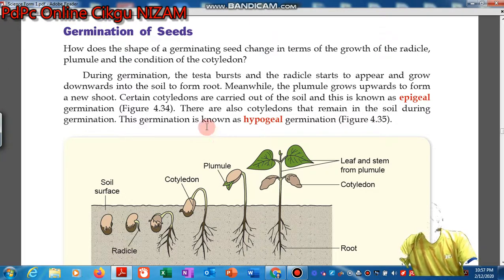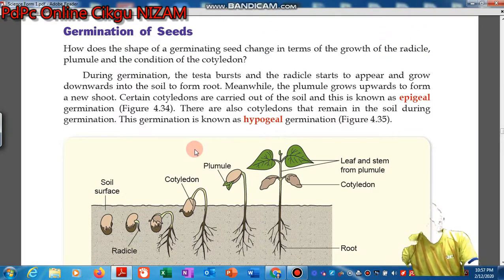From the discussion that we have had before, a seed contains important parts: the cotyledon, radicle, and plumule, which play an important part in the process of germination. During the germination of seeds, a plant is produced.